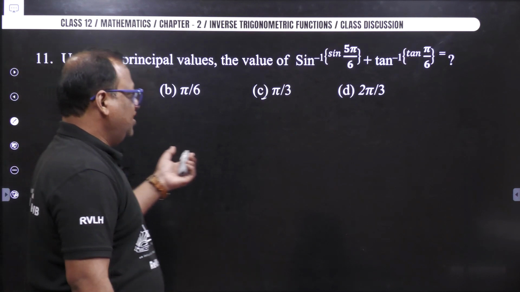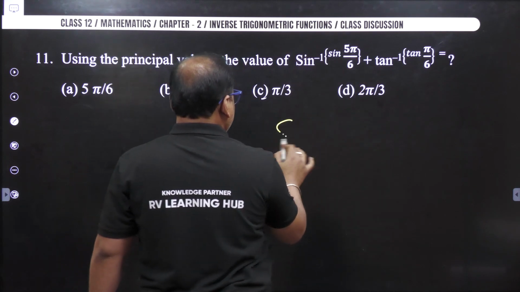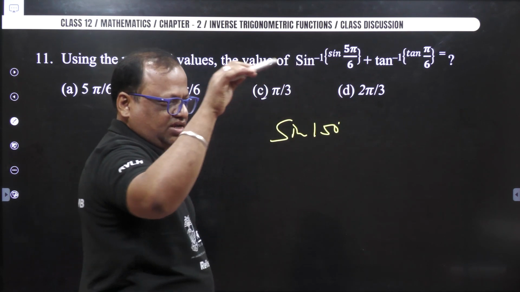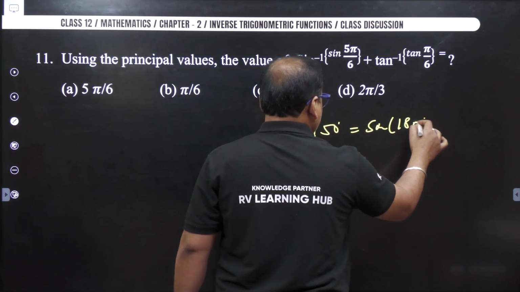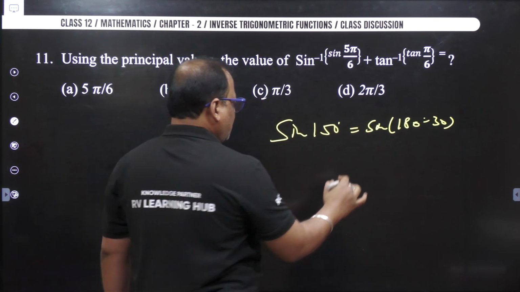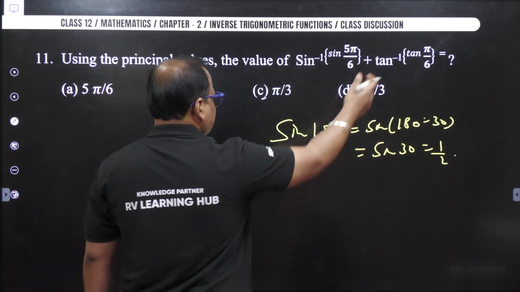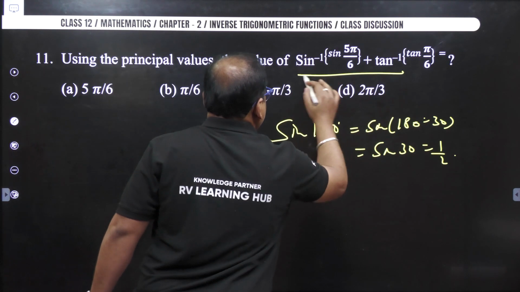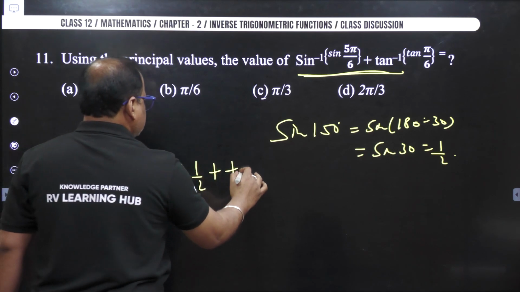Using the principal values, same question guys. This is 30 into 5, 150. So what is the sin of 150 degree? 180 by 6 is 30, and 5 times that is 150. This is sin of 180 minus 30. Sin 150 is trigonometry; this is sin 30, which is 1 by 2. Other than that, tan pi by 6, you know it. Tan pi by 6 is 1 by root 3. So the question is reduced to sin inverse of half plus tan inverse of 1 by root 3.